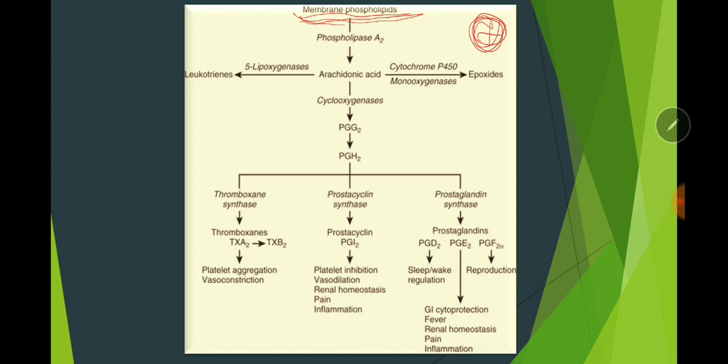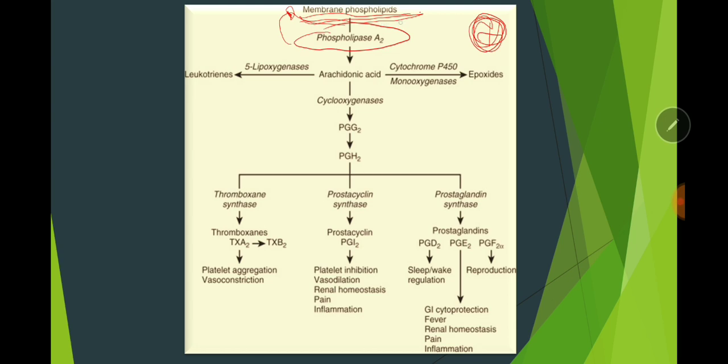Okay, so the cell membrane has phospholipids, and whenever you hit yourself or hurt yourself, then it hurts. That induces inflammation, meaning it also activates phospholipase A. Phospholipase A is an enzyme which breaks down these phospholipids in the cell membrane.